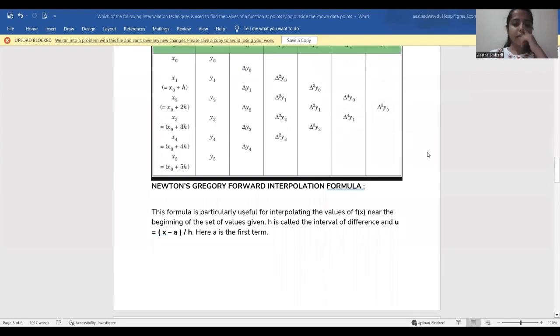Newton's forward interpolation is used for finding the value of the function near the beginning of the set of values, which means the starting of the values. h is the gap between the first value and the second value. It is always constant. u, the interpolation formula, equals (x minus a) upon h.